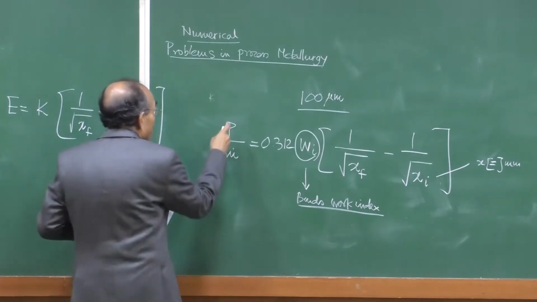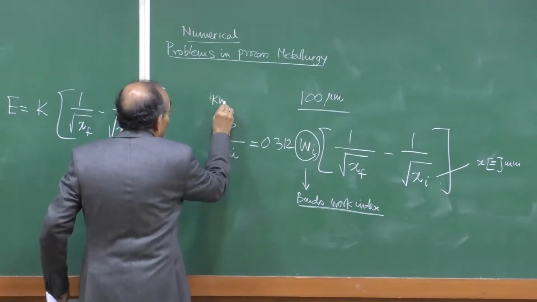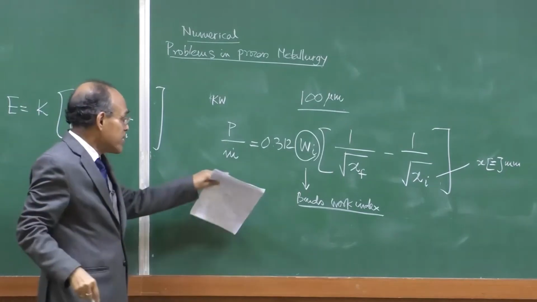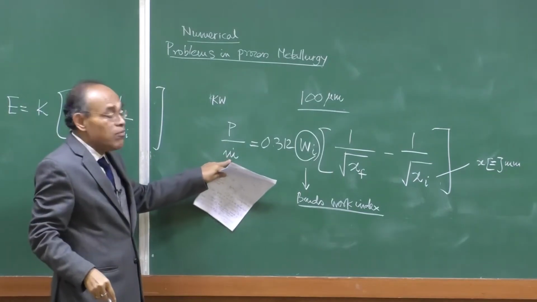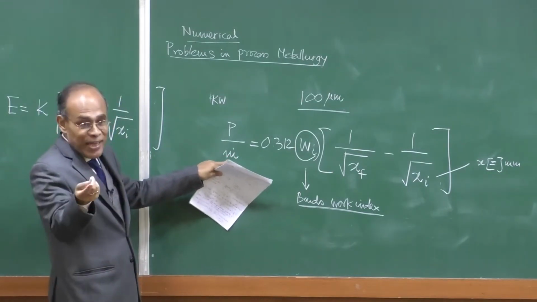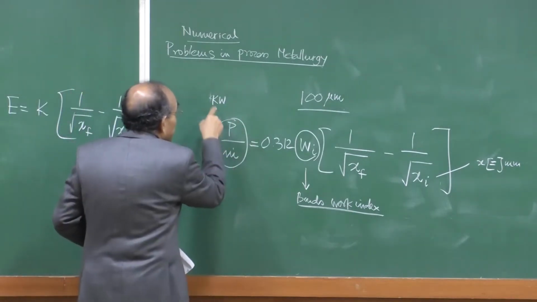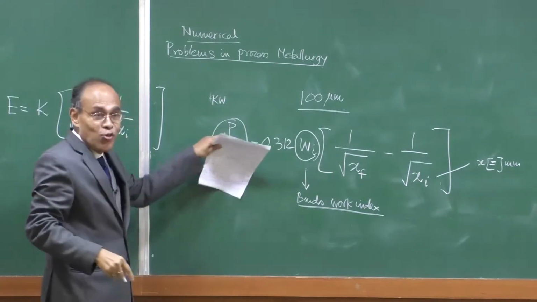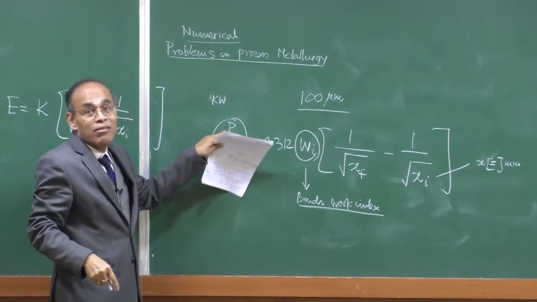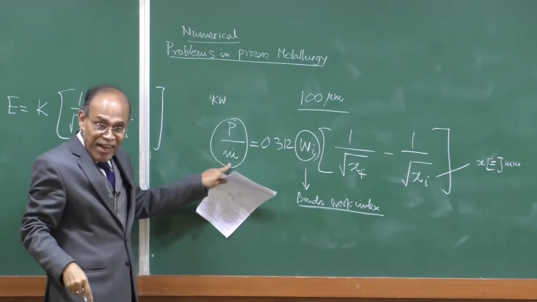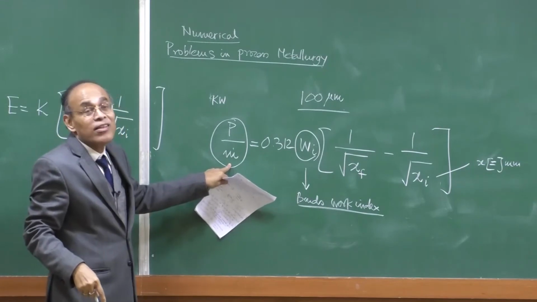If it is power, then we say it is kilowatt or watt, and it is mass flow rate, so it is going to be kg per hour or kg per day, whatever it may be. So, this is basically kilowatt hour per ton. You can see the unit of this. P is power, kilowatt or watt. This is feed rate, which is tons per day or tons per hour.